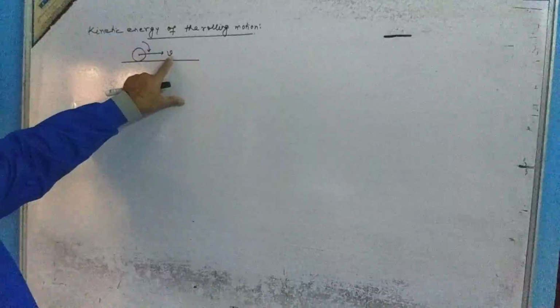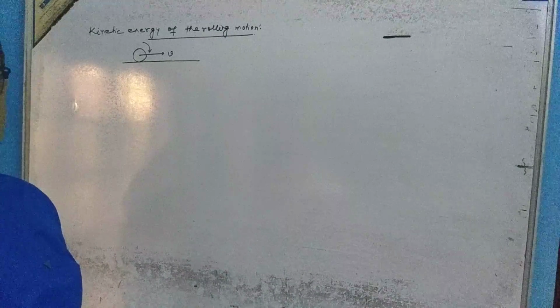Suppose v is the velocity of the center of mass. The center of mass is moving with the velocity v. Then what should be the total kinetic energy?